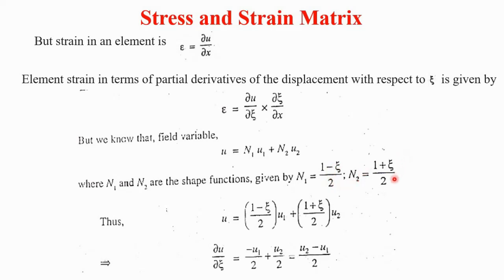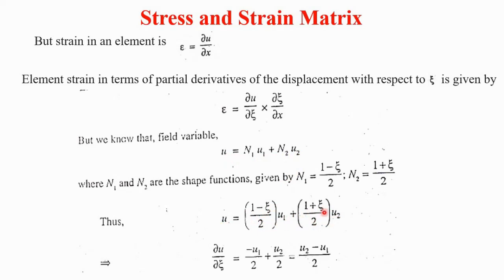Putting these values of N1 and N2 in the equation, u is equal to (1 minus zeta)/2 times u1 plus (1 plus zeta)/2 times u2.